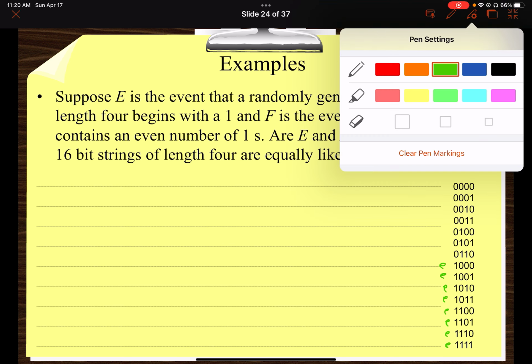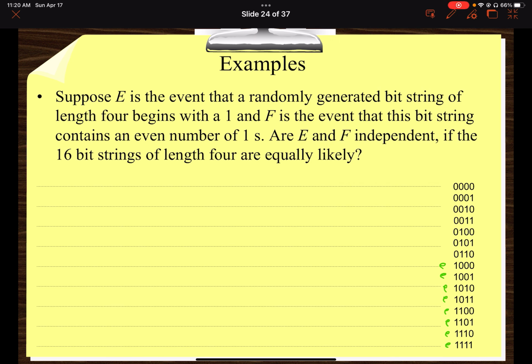So this is an F. Okay. Next. Well, it is the fourth, right? 1, 2, 3. This is the fourth, right? Which has an even number of ones.